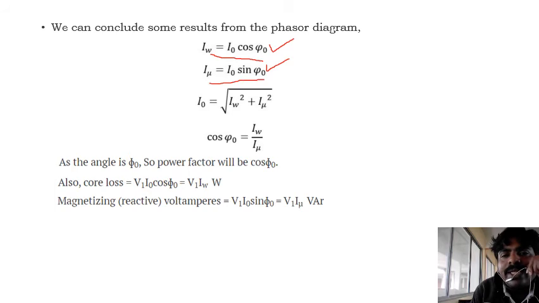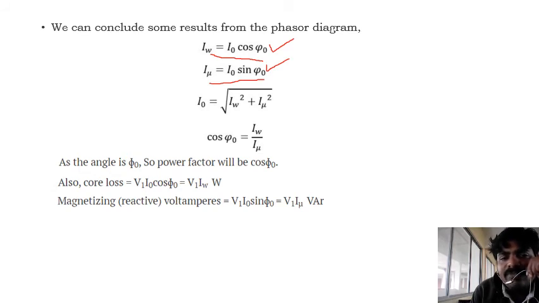Now I naught is the square root of IW square plus I mu square, so you can substitute this value. As the angle is phi naught, the power factor will be cos phi naught. The cos phi naught magnitude will be IW divided by I mu.